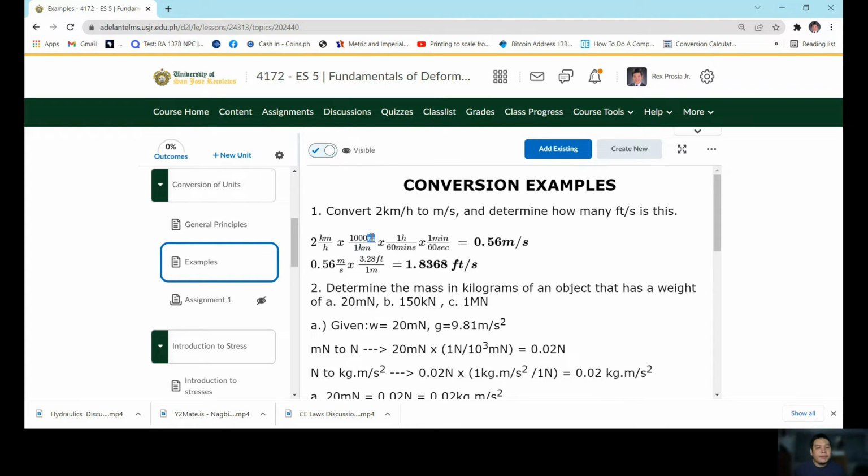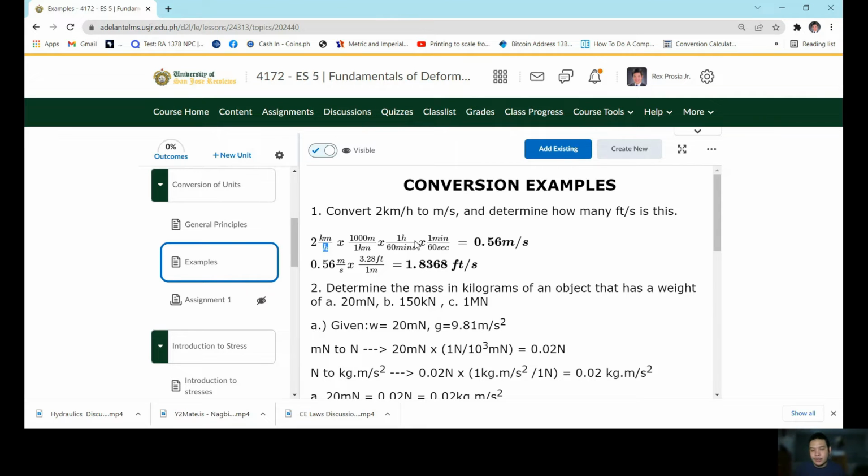Next, we want to convert hours into seconds. We know that 1 hour is equivalent to 60 minutes and 1 minute is equivalent to 60 seconds. Or sometimes, if we don't want a very lengthy solution, we can just use 1 hour is equal to 3,600 seconds.